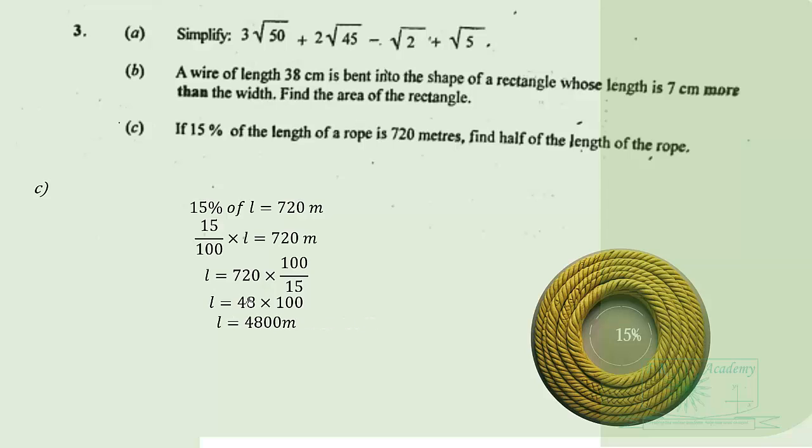Then we are left with 4,800 meters. So that is the whole length of the rope. Now we have to find half of the length of the rope. So half of it will be 2,400 meters. Good.